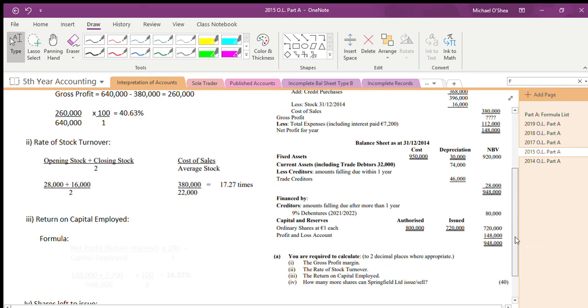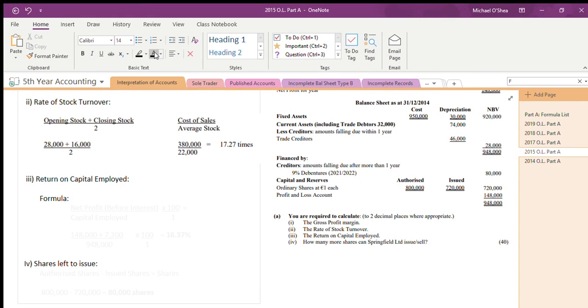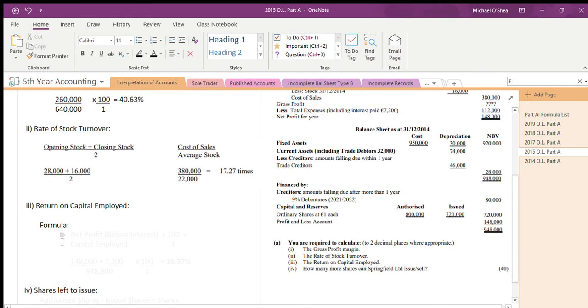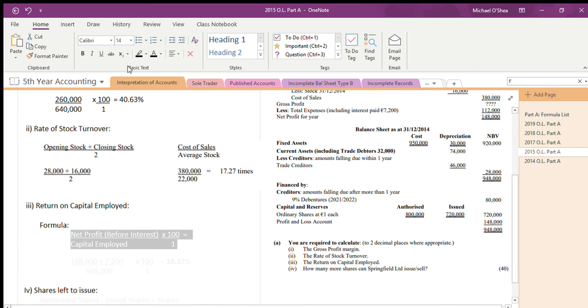That's my second one. Third one I have here, again, we see the return on capital employed. So that's, again, my net profit before interest divided by capital employed multiplied by 100 over 1. Net profit, 148,000. Interest was 7,200. Therefore, my net profit before I took away my interest is 148,000 plus 7,200.